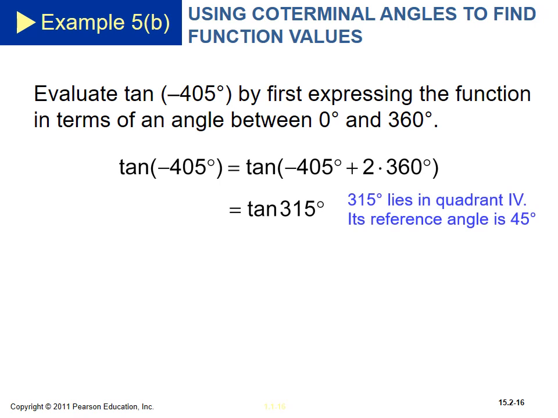So tangent of 315 degrees lies in quadrant 4. Its reference angle is 45 degrees. So it would be negative tangent of 45. So that would be the opposite over the adjacent, which is always going to be 1. In this case, it would be negative because it's in the 4th quadrant.